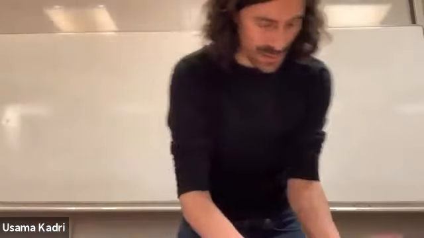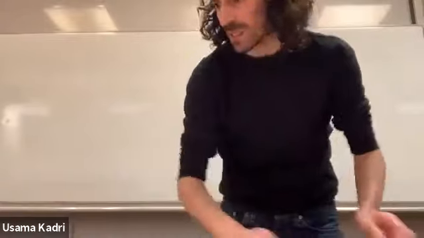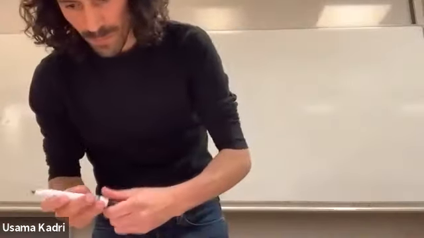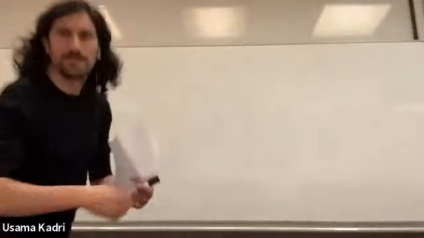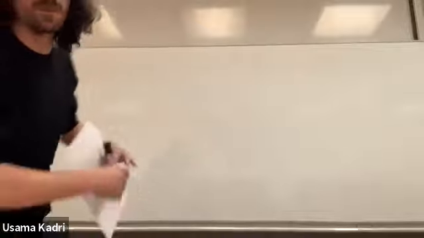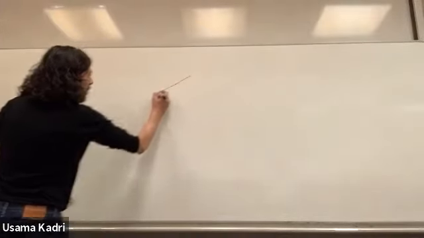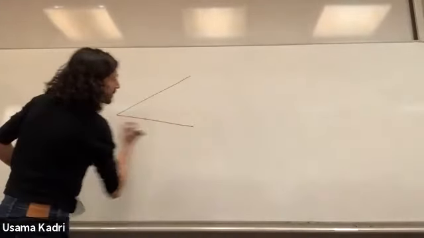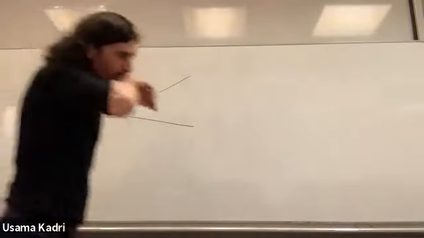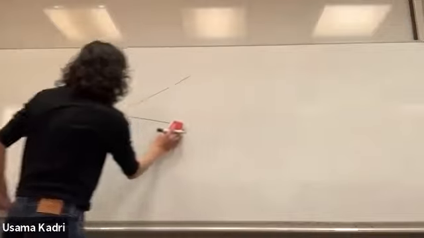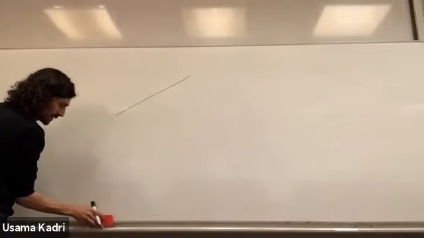So let's get straight to the following problem. I have a similar problem to what I showed you. I have an incline, and we have an object on the incline.